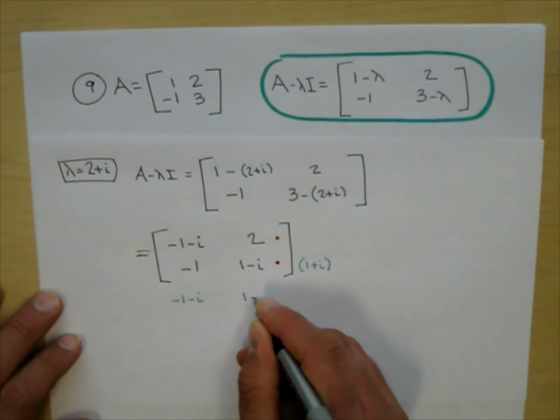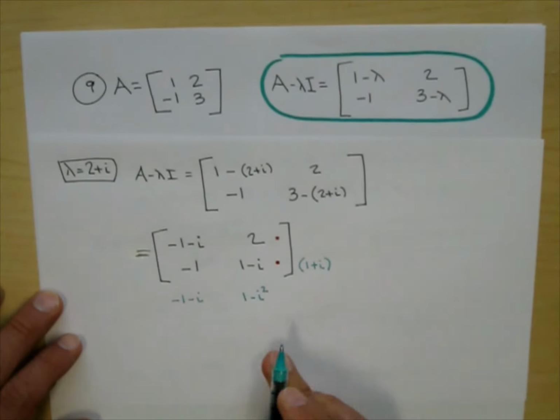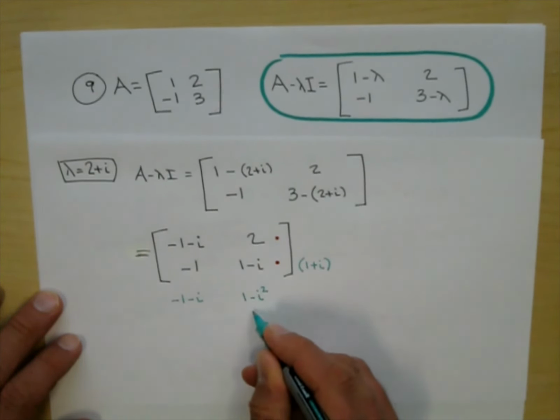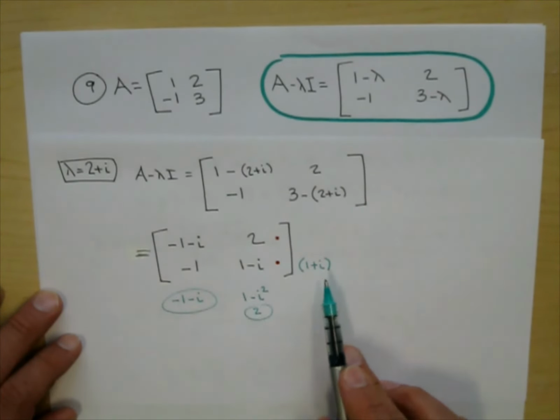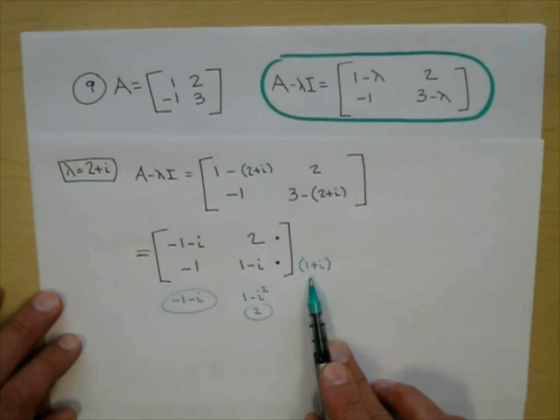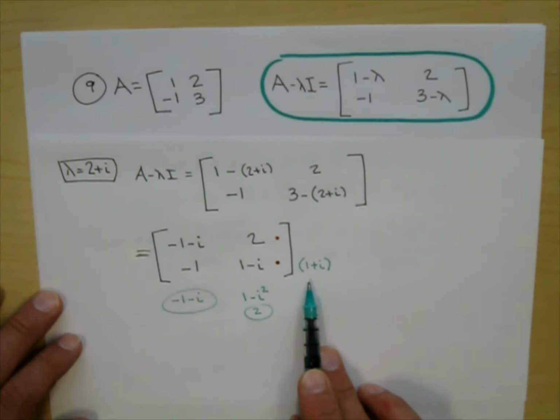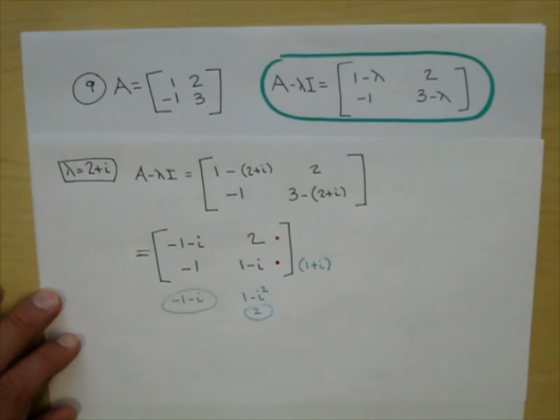So 1 minus i squared. But i squared is negative 1, so 1 minus a negative 1 is a 2, which gives me exactly row 1, which shows you row 2 and row 1 are scalar multiples, where the scalars are imaginary numbers, and that gives people a headache. Okay, so let's continue.